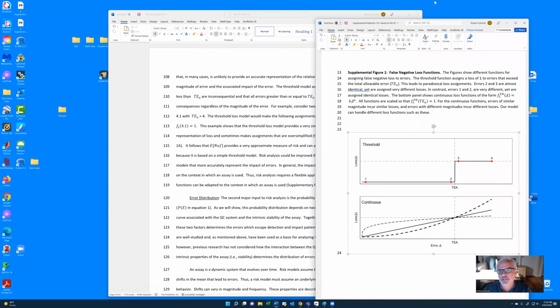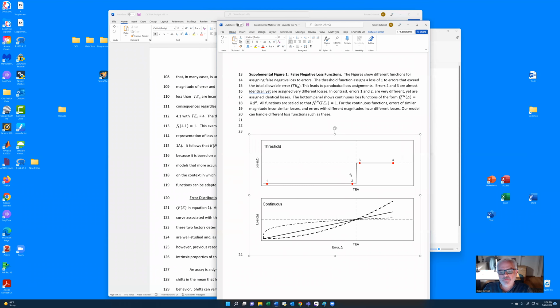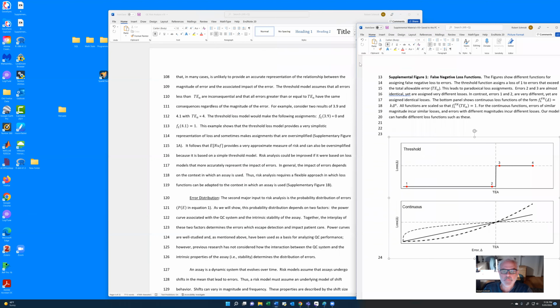And you can see that it's convenient for counting, because if we just want to count errors that are greater than TEA, this sort of loss function works well. But if we really want to look at risk, this is probably not the best loss function, because risk is much more of a continuous function. Whereas if we just want to count the things that are greater than TEA, the threshold model like this is just fine.